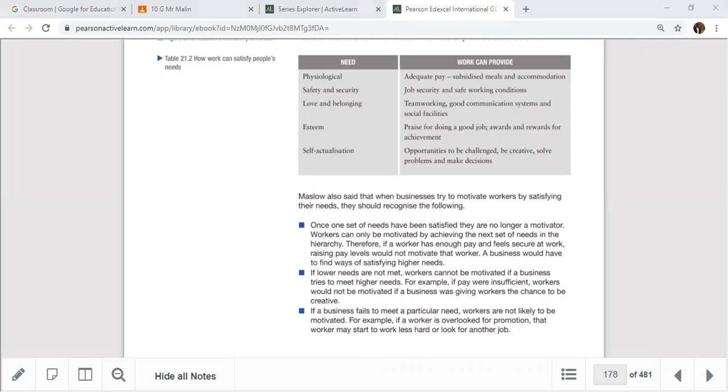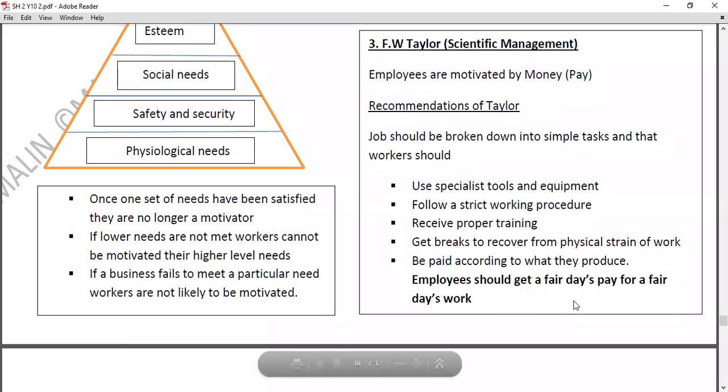So I would like to share again the short note. According to this theory, once one set of needs has been satisfied, it is no longer a motivator. For example, if your physiological need is satisfied, if you have adequate pay, a living wage, then there is no point in giving more of that.